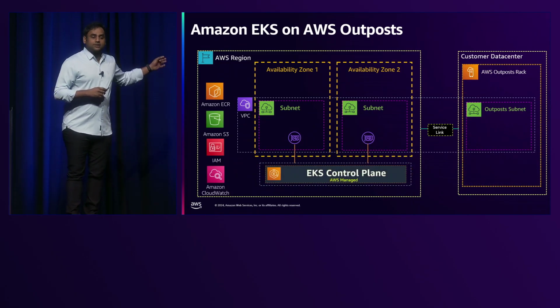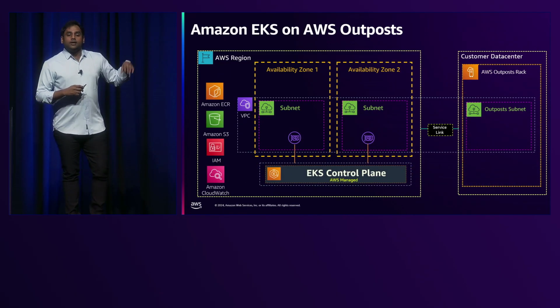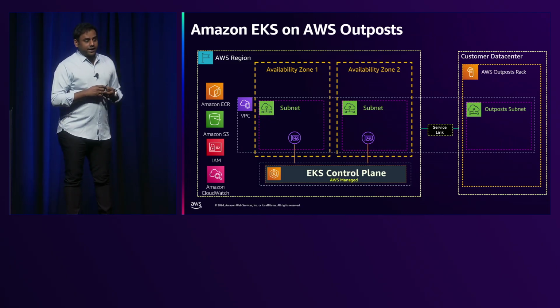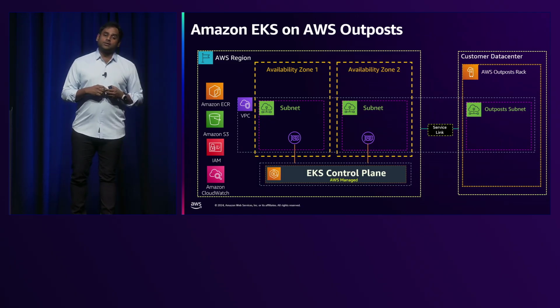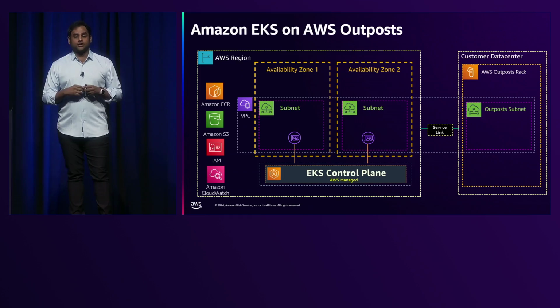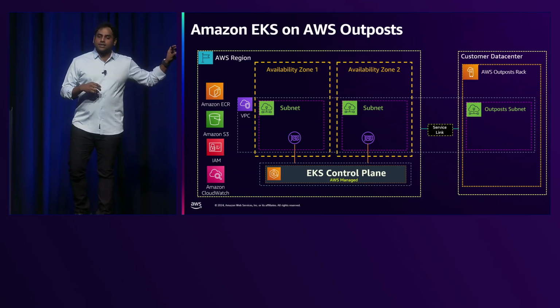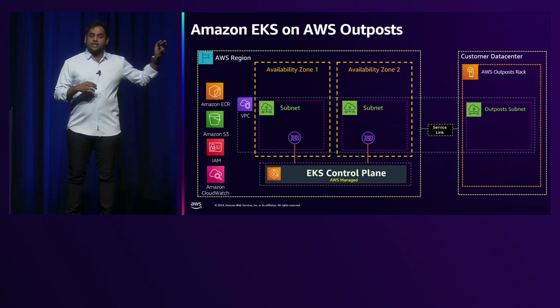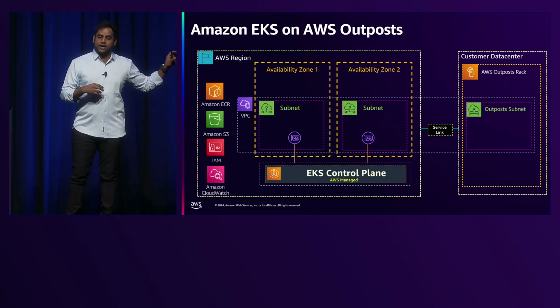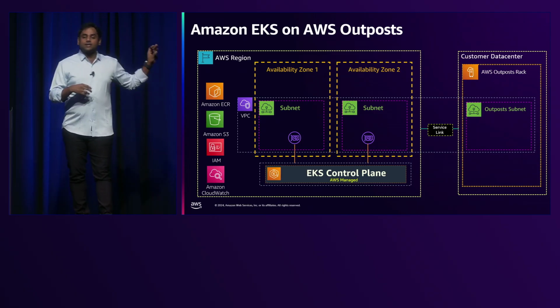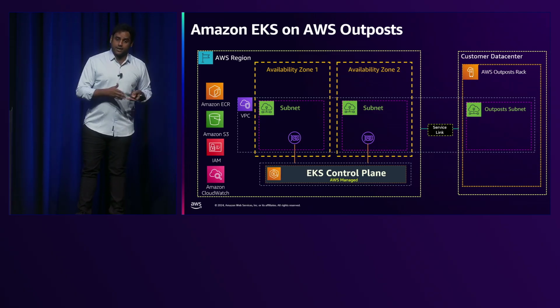So once you have this networking layout established, you can create the EKS control plane the same way that you do with the cloud-based clusters today. Here it's important to note that the EKS control plane is created in the region, and the control plane anchors to the region-based subnets using cross-account ENI architecture, where the EKS control plane is completely managed by AWS.